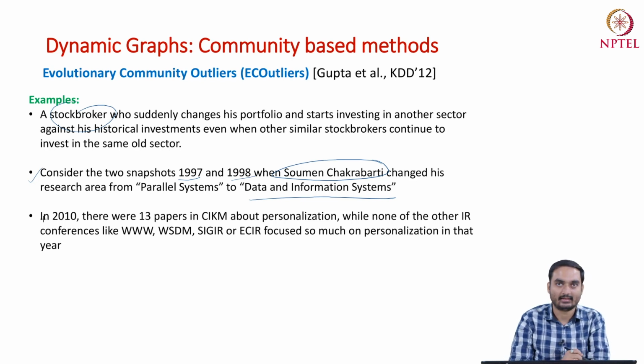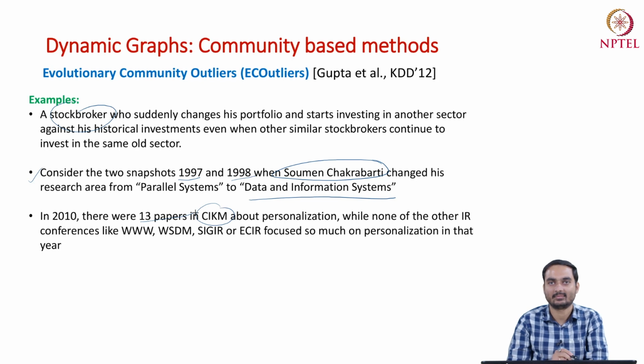In 2010, there are 13 papers in the CIKM conference. CIKM is a data mining conference, and these 13 papers were about personalization, where none of the other IR conferences like WWW, WSDM, SIGIR focused so much on personalization.